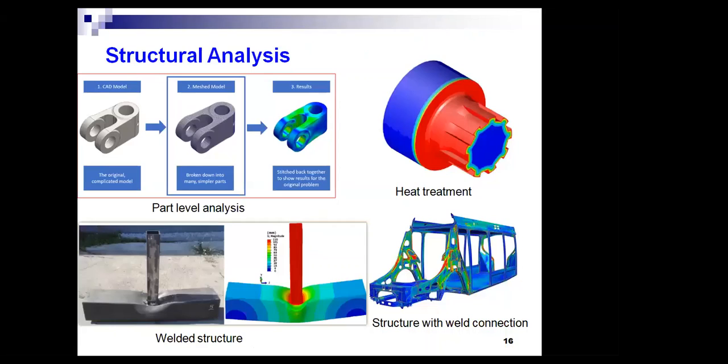So basically what I'm presenting here is a kind of structural analysis application. The part level analysis, the evaluation of a single part. We start with a single part, but it is also applicable for a whole system. One example is the weld structure deformation behavior. This is a structure when we model it in CAD.